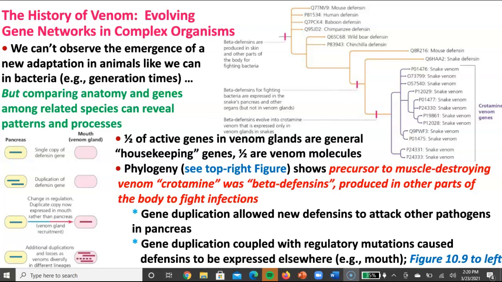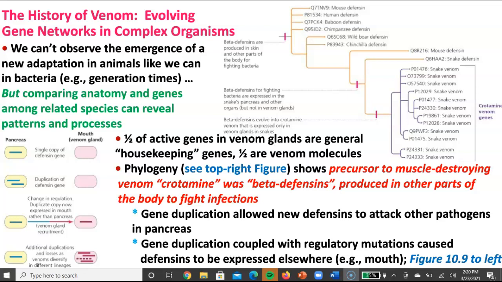So about half of the active genes in venom glands in snakes, whether you're talking about a cobra, a rattlesnake, whatever, are general housekeeping genes. And the other half of the genes that are expressed are actually producing venom molecules.